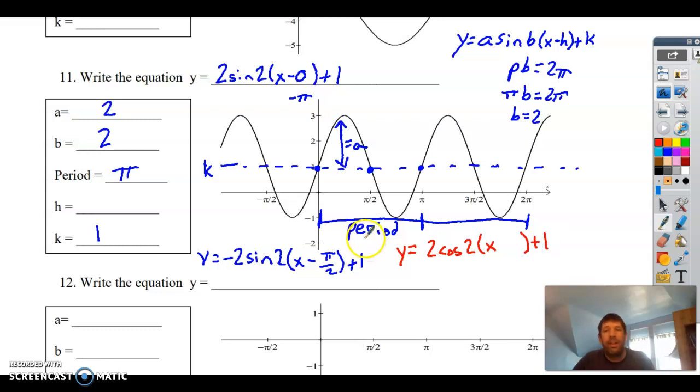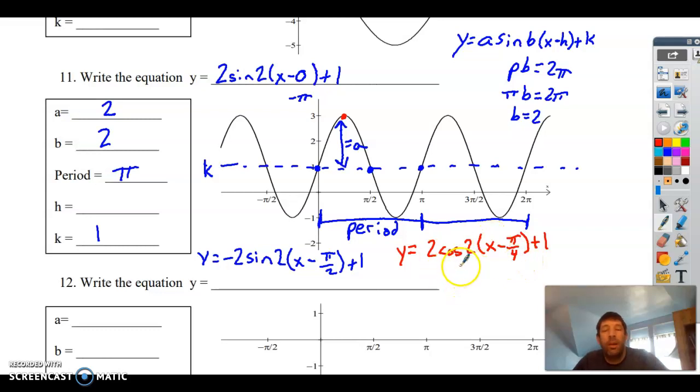Okay. Now cosine normally starts at its highest point. So here, our highest point, well, we can see it's halfway in between 0 and pi over 2. So that would be pi over 4. So for cosine, we would have x minus pi over 4.